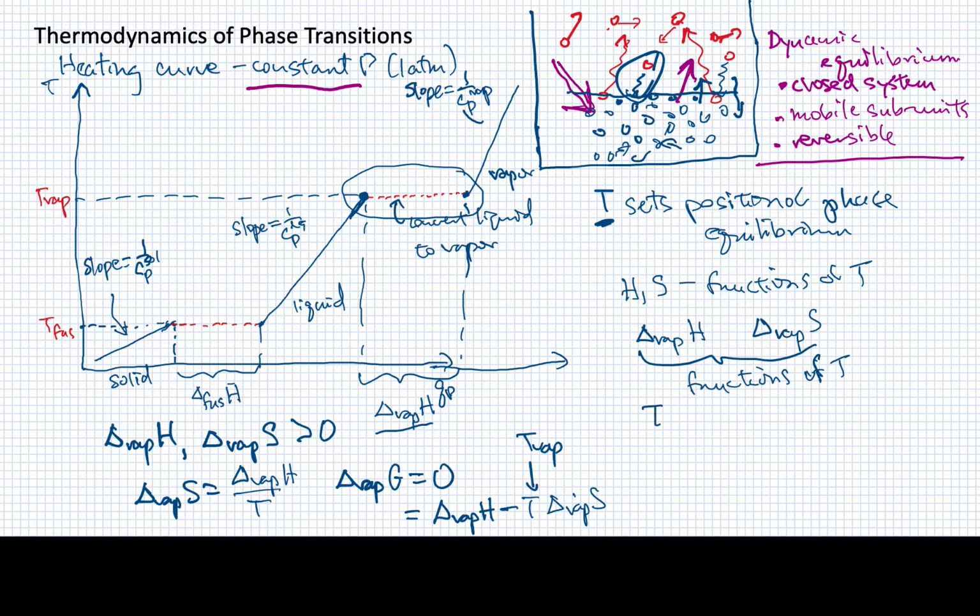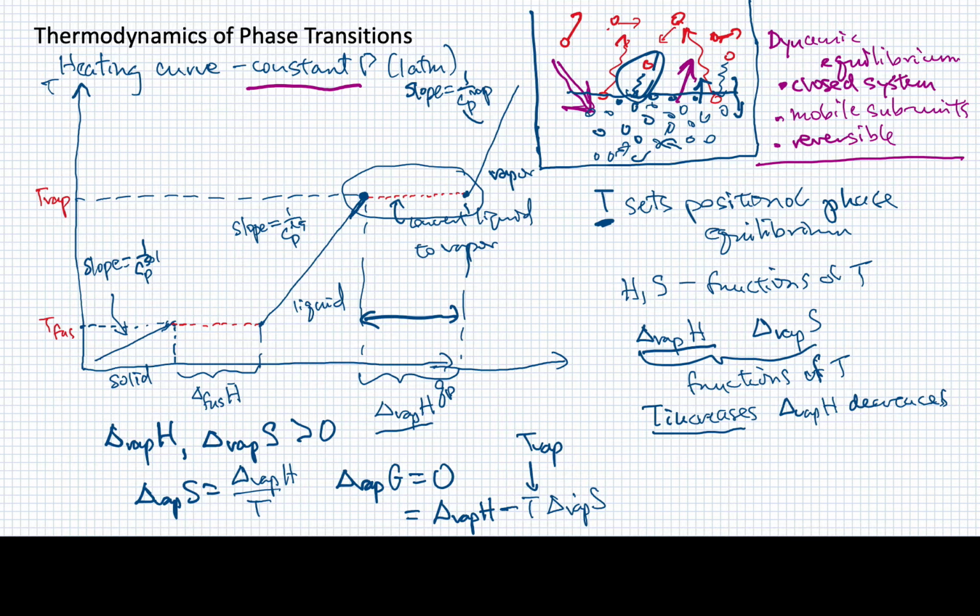As T increases, in fact, these two quantities also change. And in fact, what I will tell you is that the delta H of vaporization actually decreases. In other words, it becomes easier to take molecules from the liquid phase into the gas phase. I think that makes a little bit of sense. If I increase the temperature, they're moving faster, so it's not going to take as much energy to span this gap to get those molecules to leave the liquid phase and enter the gas phase.